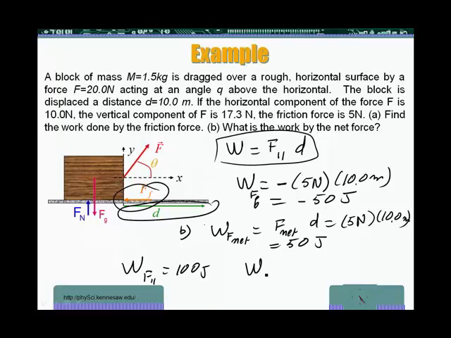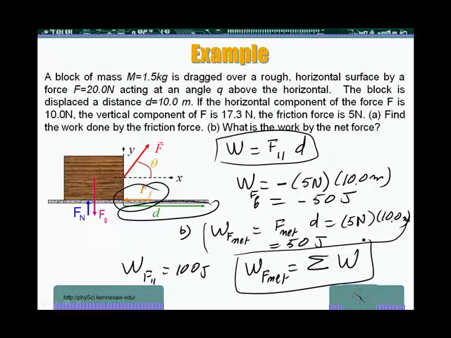So in other words, the work due to the net force is going to be the sum of the works due to all the other forces. In this case, it was 100 joules plus minus 50 joules plus 0 plus 0 plus 0. That gives us 50 joules. And that's the same as what we just found by calculating it for the net force. Okay? This does it for this question. I hope you noticed it's not that difficult.